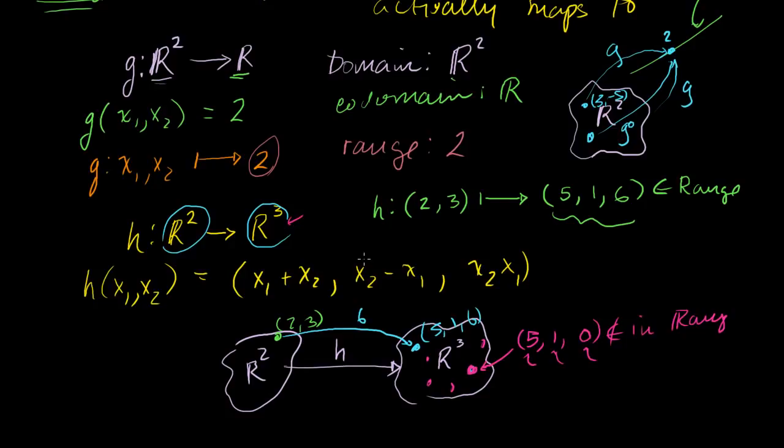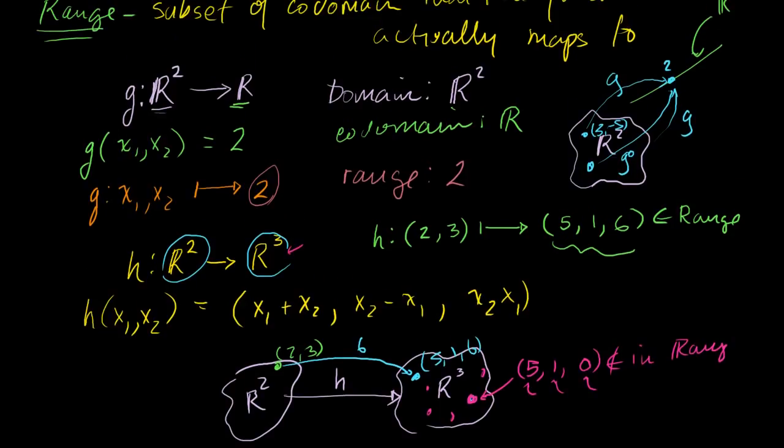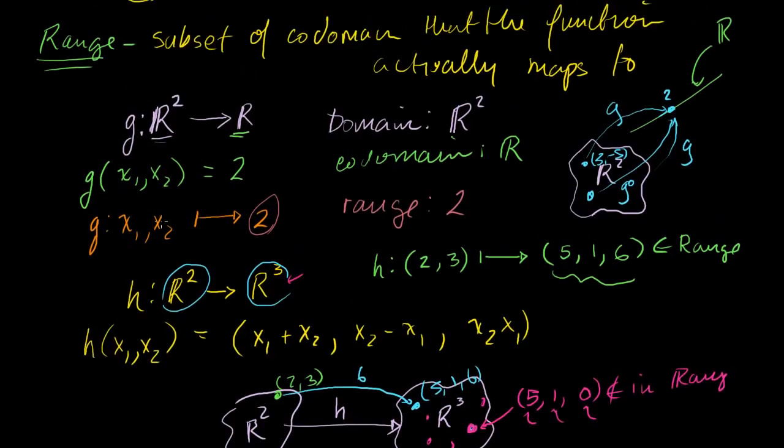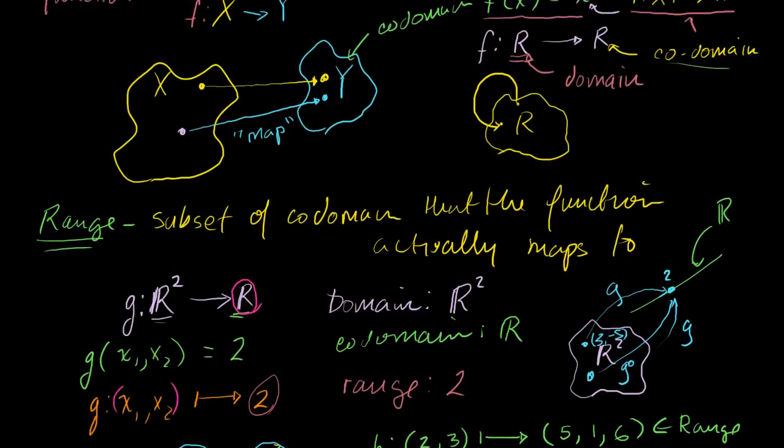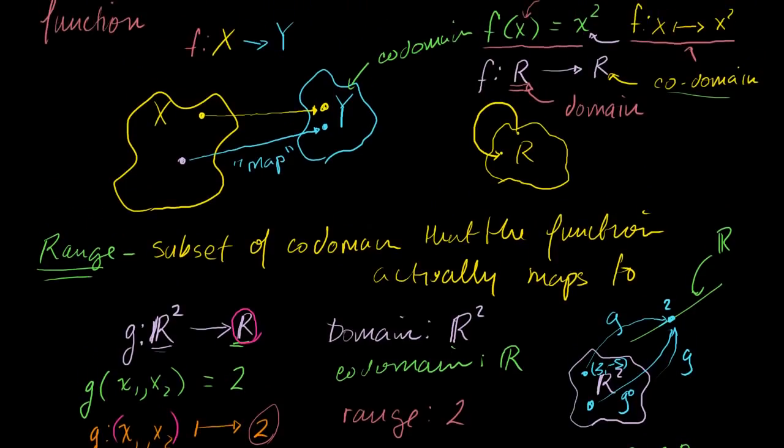Now I want to introduce you to one more piece of terminology when it comes to functions. This function up here that mapped from points in R2 to R, so its codomain was R, is probably the most common kind of function you see in mathematics.